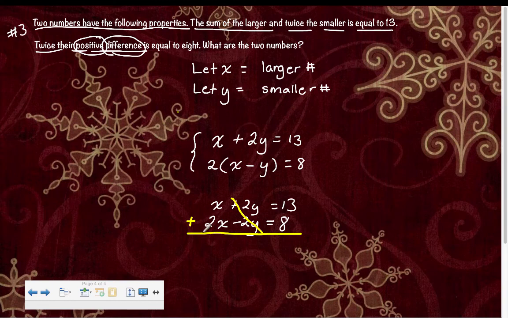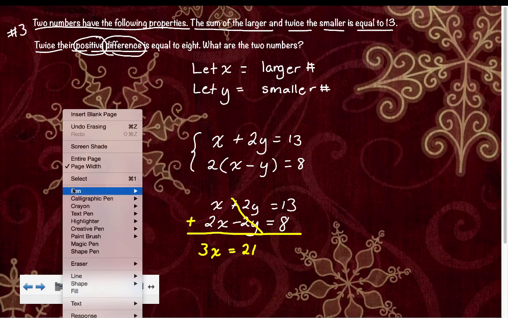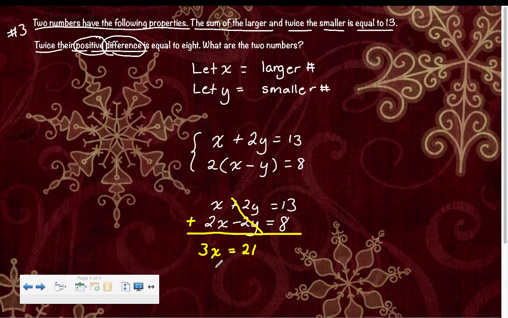So if I add these equations together, I get 3x. The y's will cancel out, equals 21. So x has to be 7.